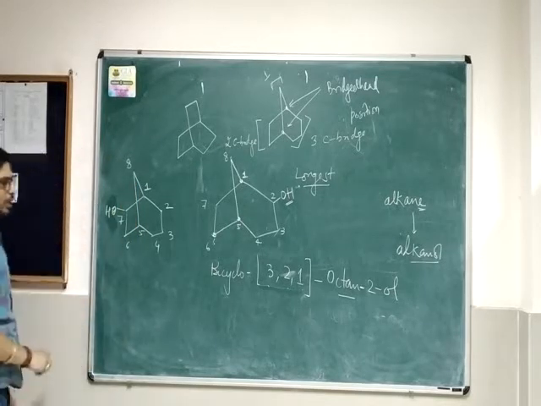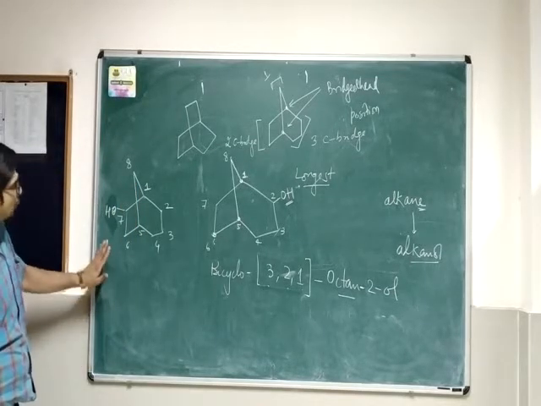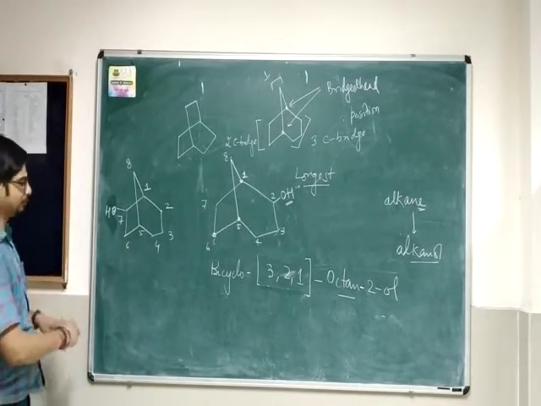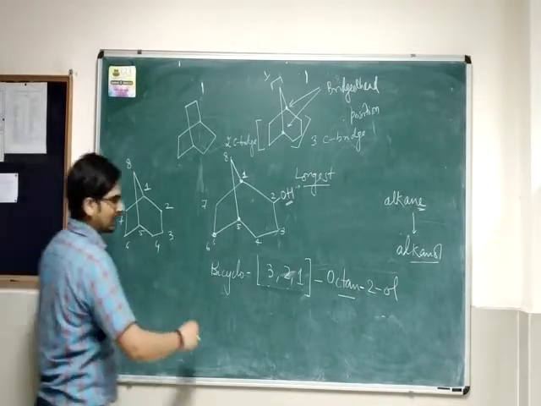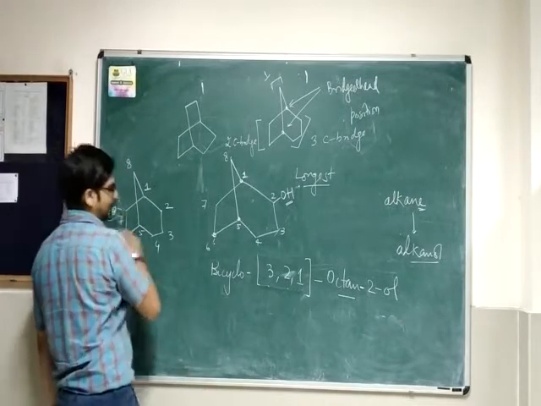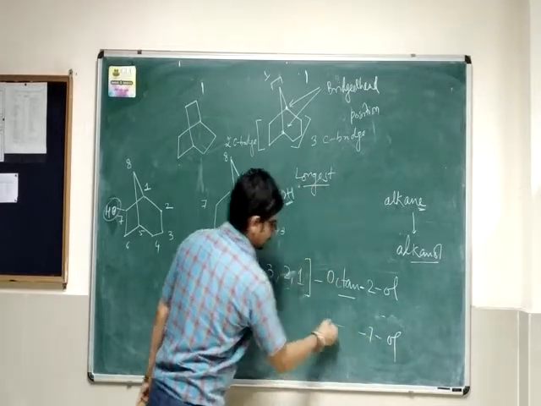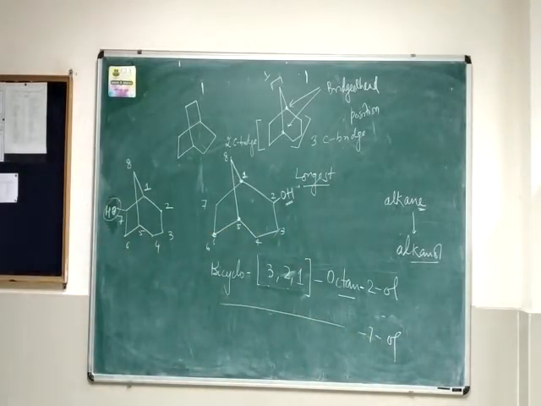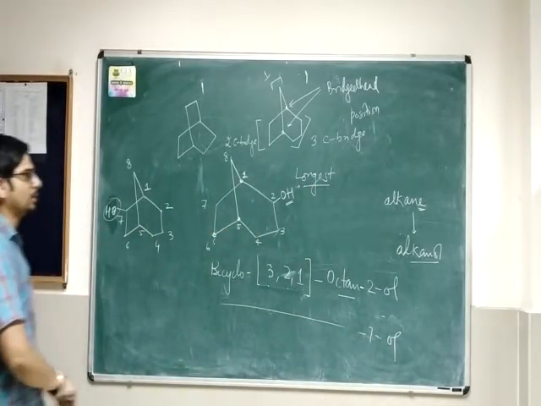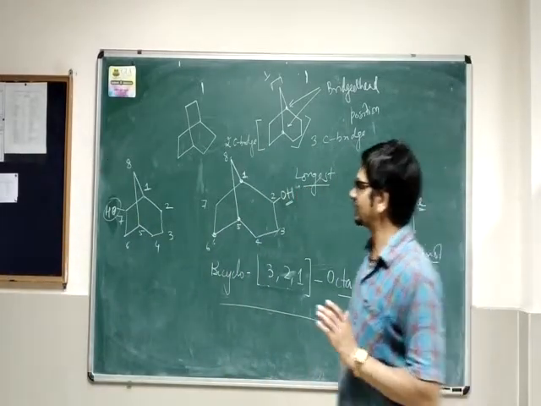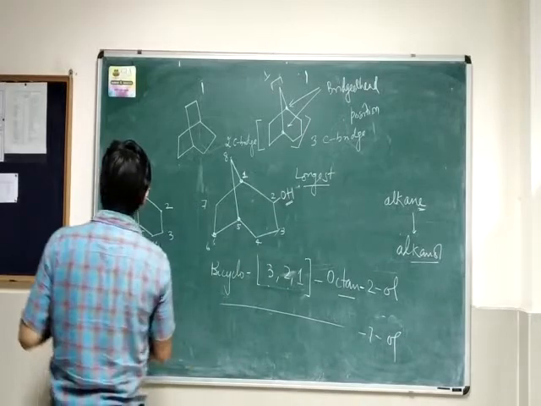So this molecule is bicyclo 3,2,1 octane 7-ol, because this time the hydroxyl group is at the 7th position. I hope by these two examples the numbering in bicyclic systems is clear to everyone.